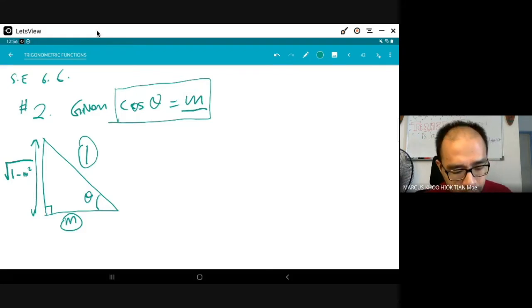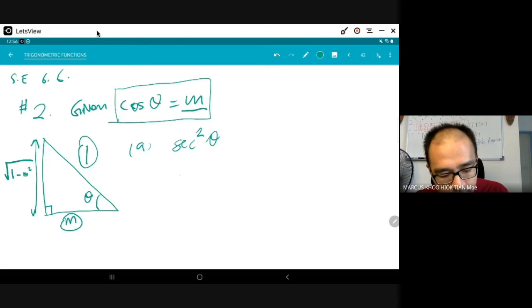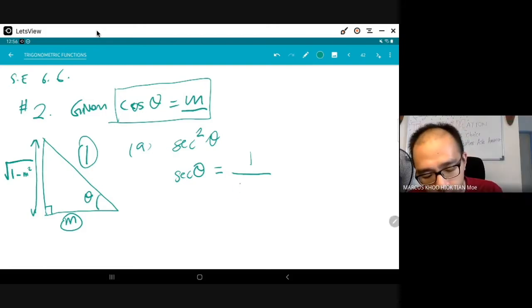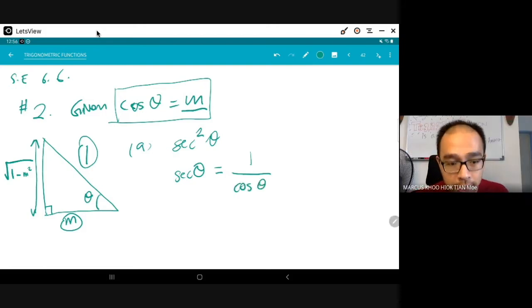The first question is secant squared theta. Before we do the square, let's find secant theta first. Secant theta is actually 1 over what? Cos. 1 over cos theta. Since cos theta equals to m, therefore secant theta equals to 1 over m.